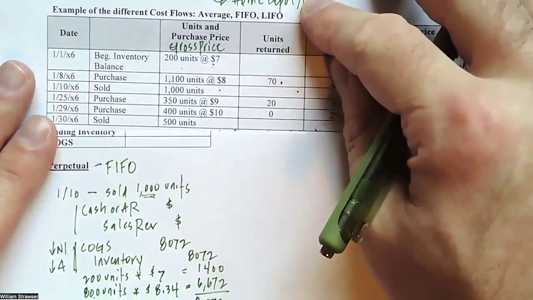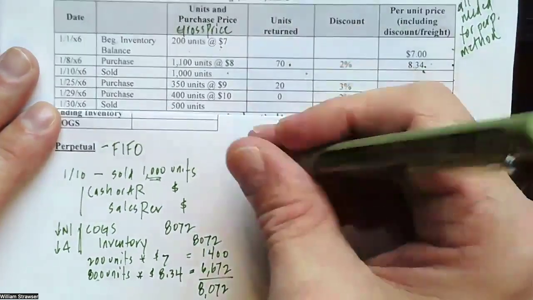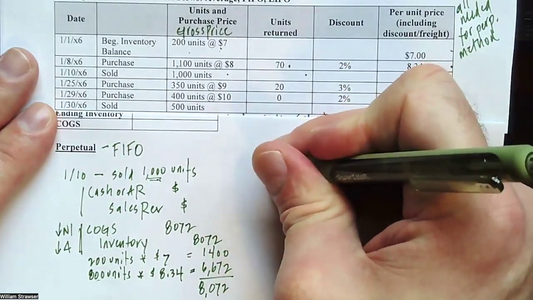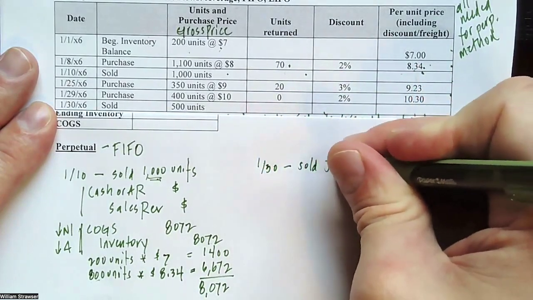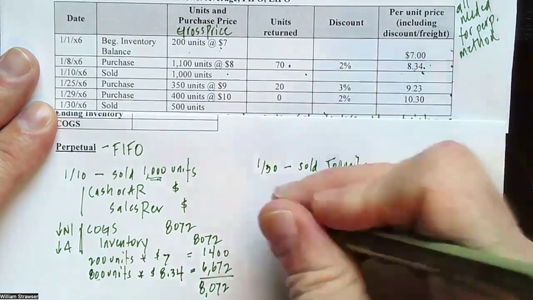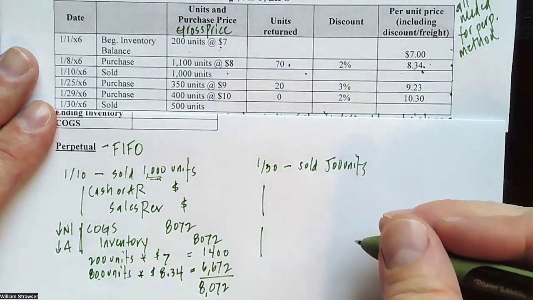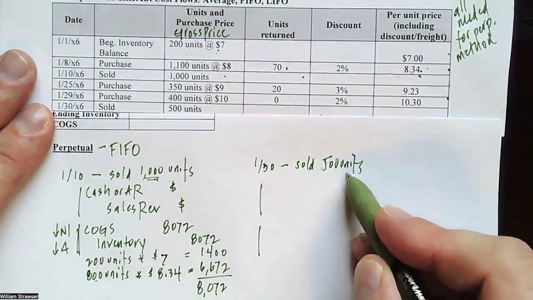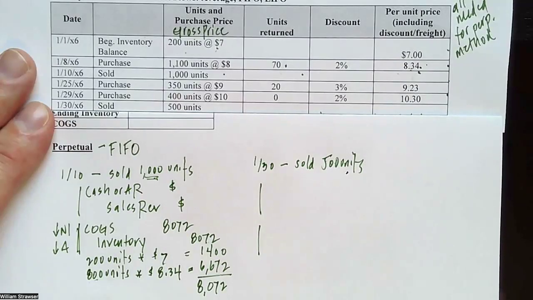Now we go forward to the end of the period, the next sale on January 30th. And on that date, I sold 500 units. We'd have a sales entry, and then we come in with our cost of goods sold. So if I sold 500 units, I want to sell the oldest things first.